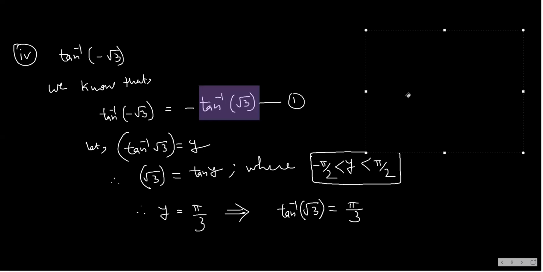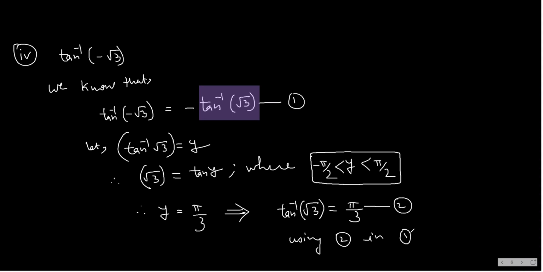Remember, as such, there are infinite values for tan inverse root 3. There are infinite angles for which the tan value can be root 3. But we want only pi by 3 because this is the principal value. So now, tan inverse of minus root 3, I use this in 1. I write this as 2, and now I use 2 in 1.